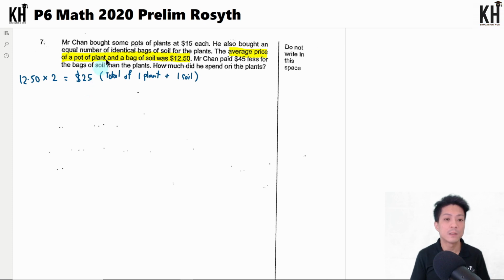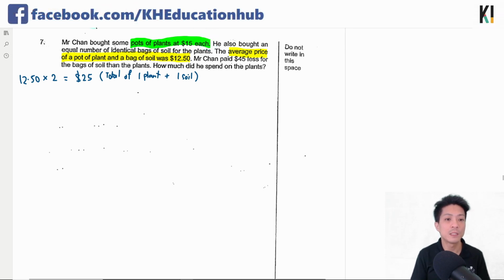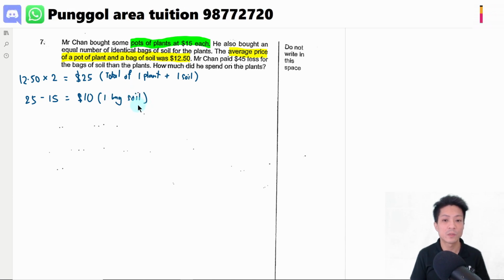Since the cost of plants is $15 each, 25 minus 15 is $10. This is the cost of one bag of soil.